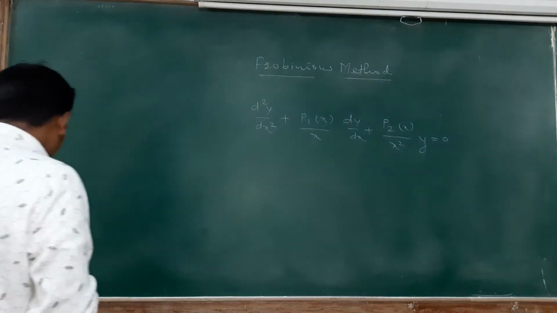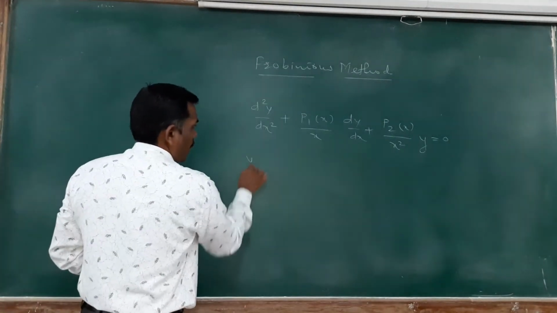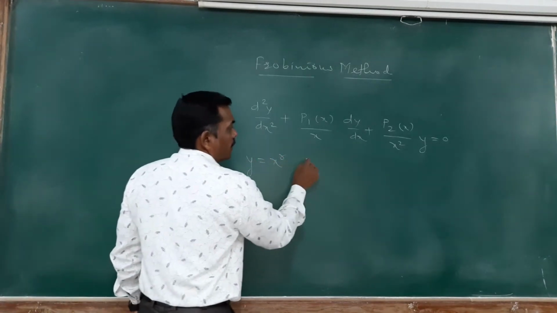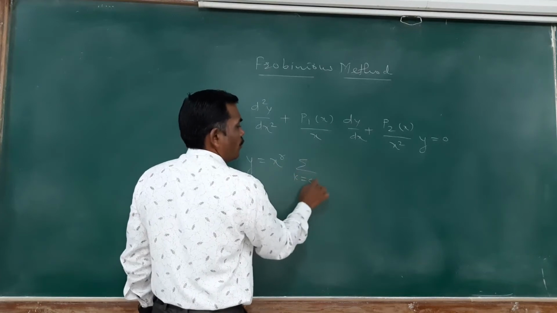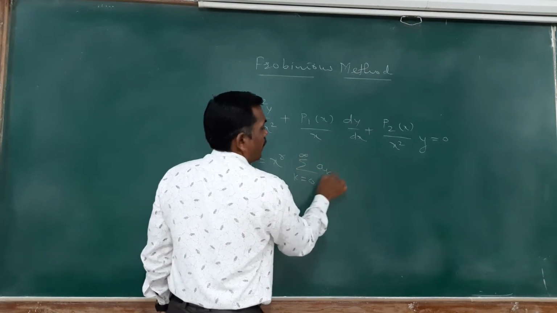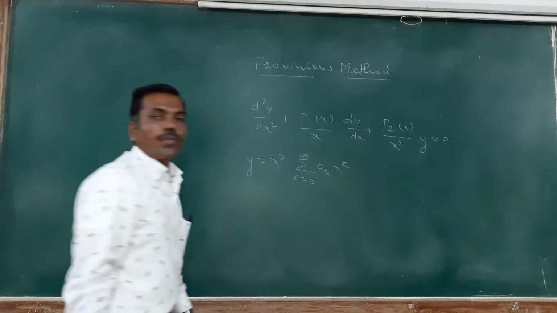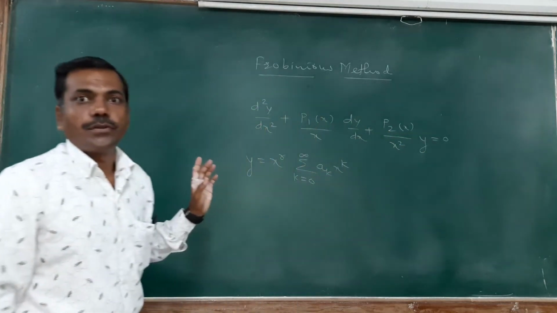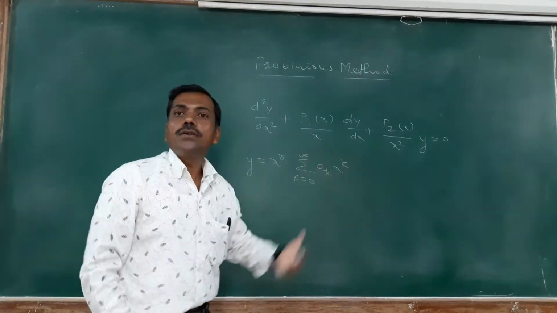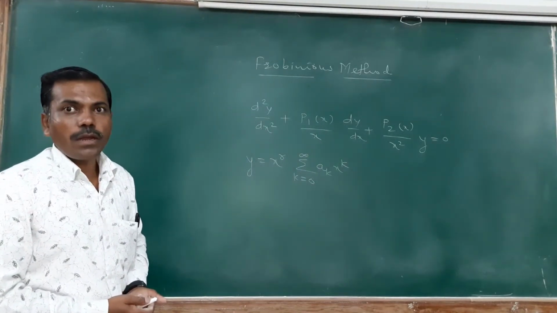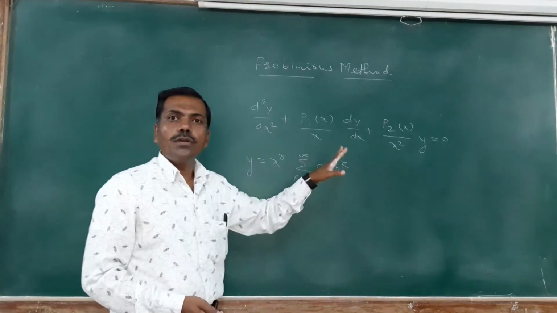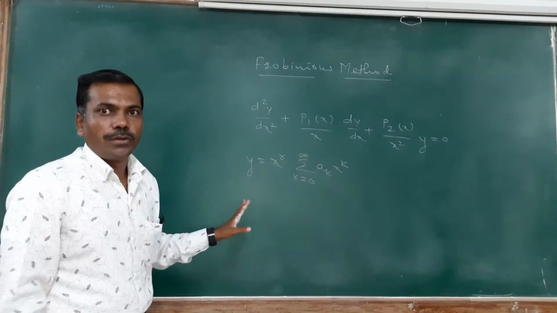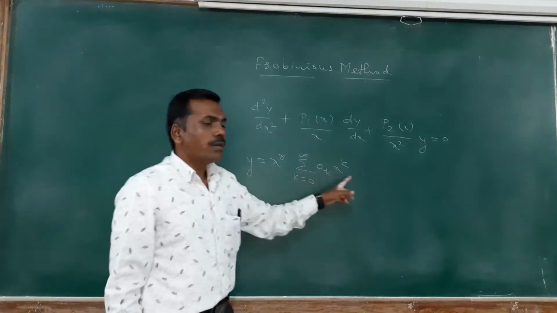That series solution can be written as y equal to x raised to r summation k equal to 0 to infinity ak x raised to k. This is the series solution of the given differential equation, provided this point is our singular point. You may call it a regular singular point or any other, but we simply call it a singular point.